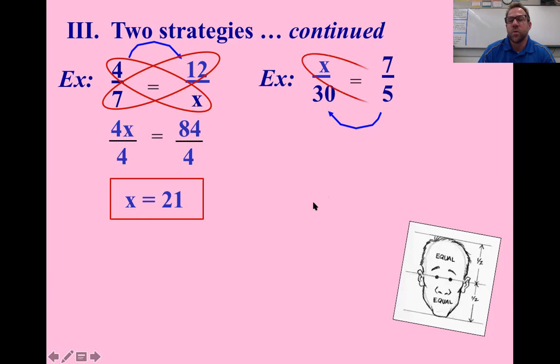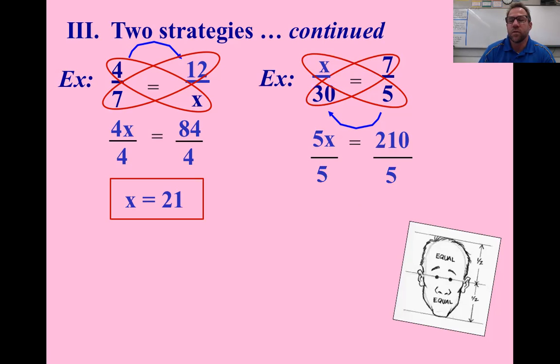But let's do the cross multiply. So I'm going to do 5x, and then I'm going to do 30 times 7. So 7 times 3 is 21, and then add your 0 on the end. It's 210. And now I'm going to divide by 5. 5 goes into 21 4, and then you're going to have to subtract, or you could use a calculator.